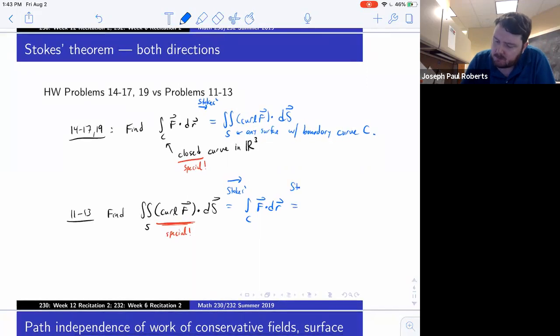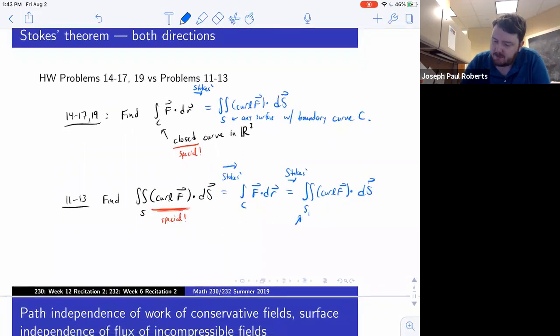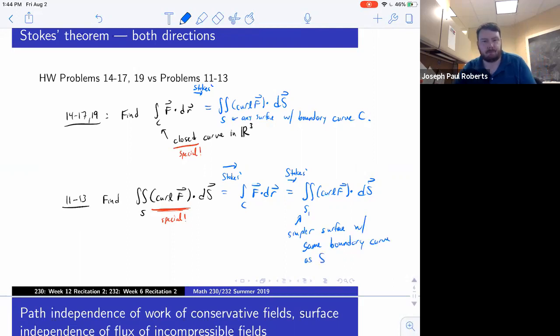Or you could use Stokes again to do the flux of curl F across S1, where S1 is a simpler surface with the same boundary curve as S. So you're not going to do both of these.